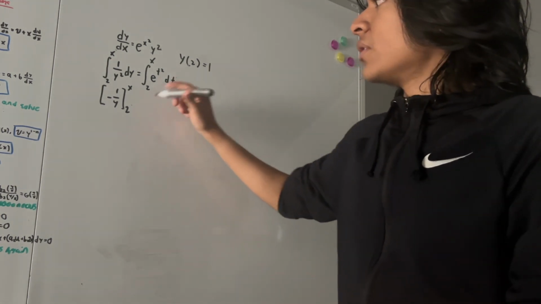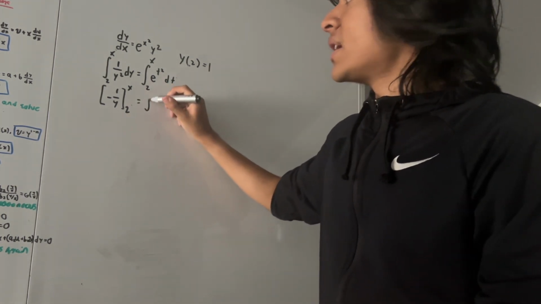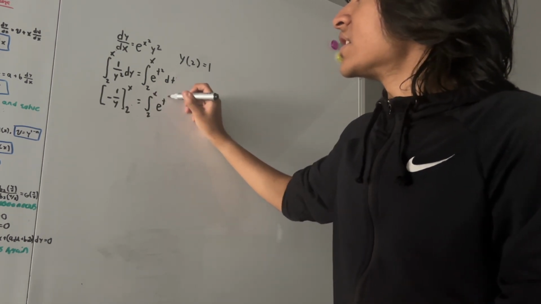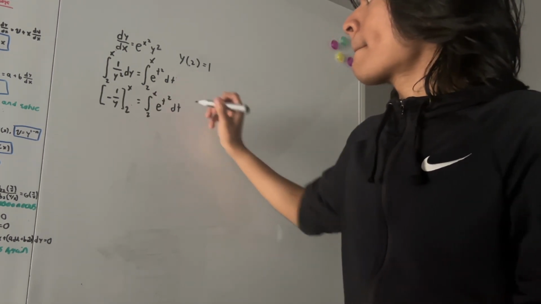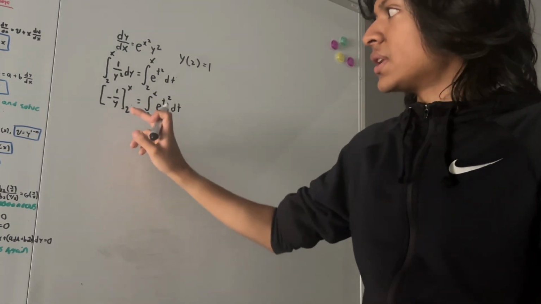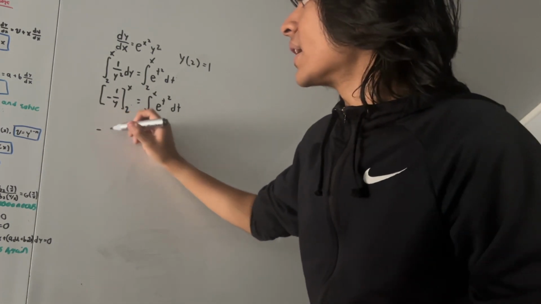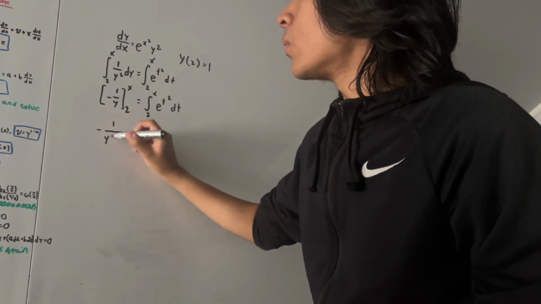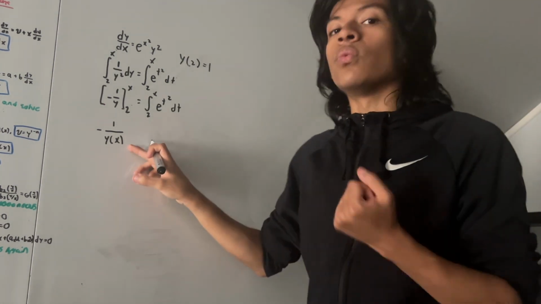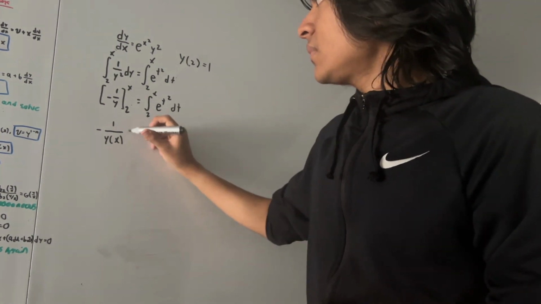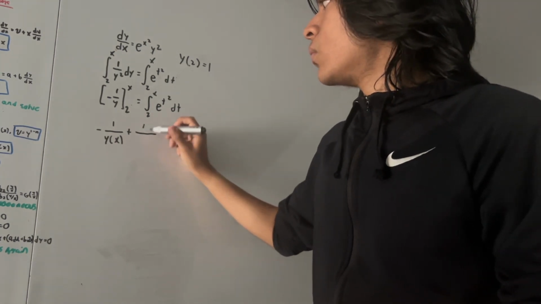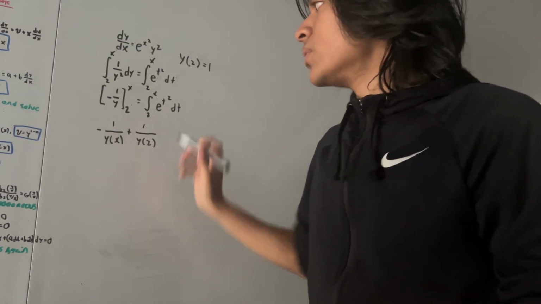So on the right side, again, we're not solving for this integral. We're just leaving it as it is. It's a general solution. And this is where we include the bounds. On the left side, we get negative 1 over y of x, so this is where our y of x comes from. And here we have a minus, so we're going to have a plus 1 over y of 2 now.